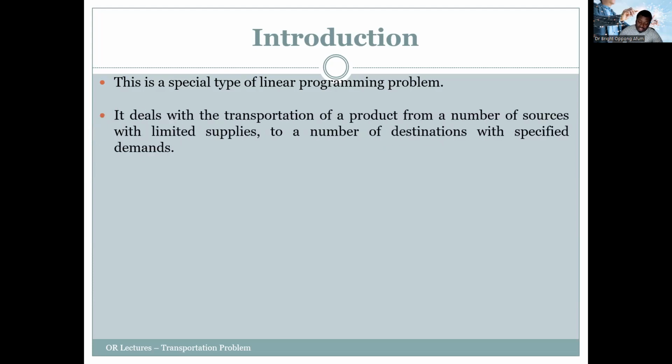So usually in this case, we are dealing with transportation of a product from a number of sources, or even one source, with limited supplies to a number of destinations, with limited, specified, or known demands. So the objective is normally to minimize the total cost of transportation. That's generally the objective when we talk about the transportation problem.